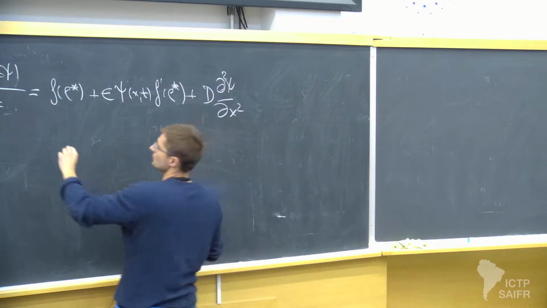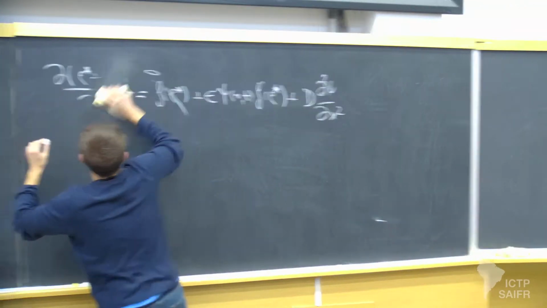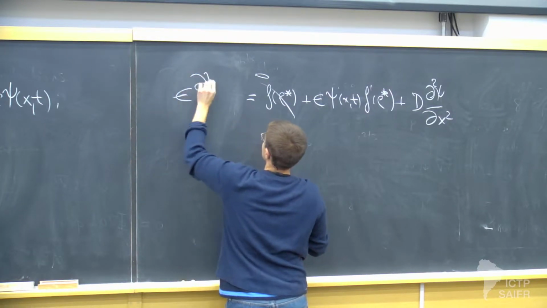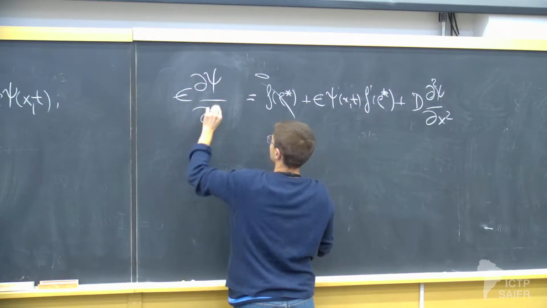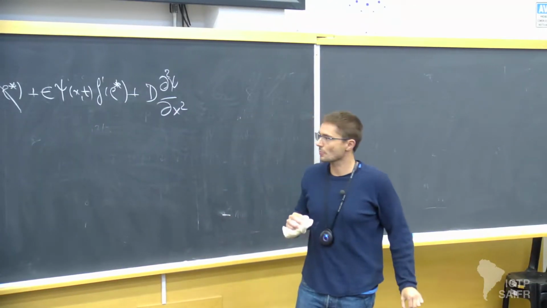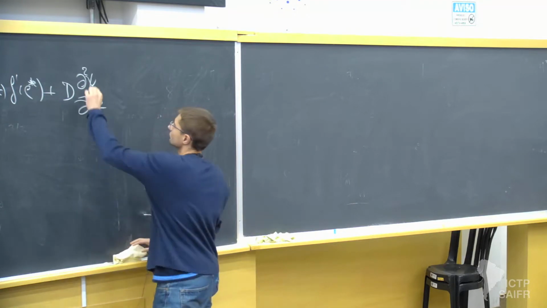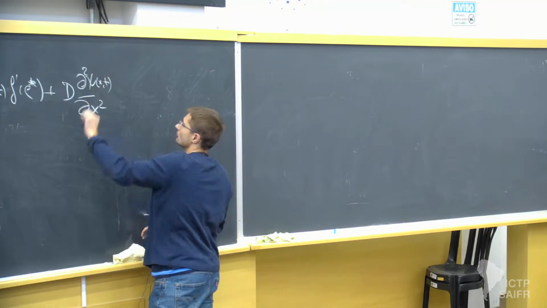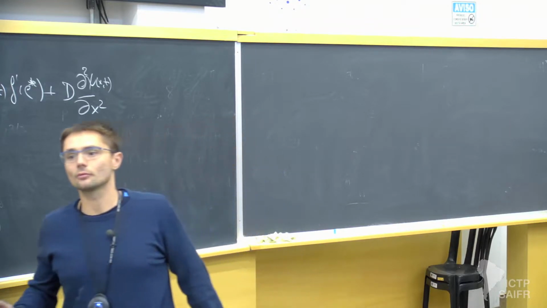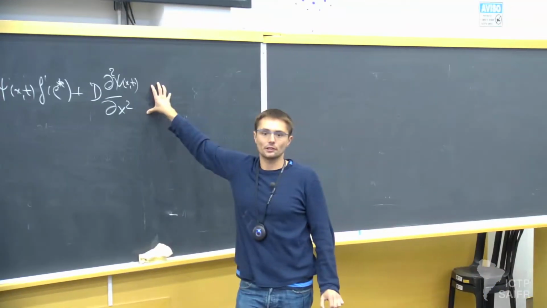This is 0, and this. Okay? So how can I solve this equation, considering that I have this new contribution here?